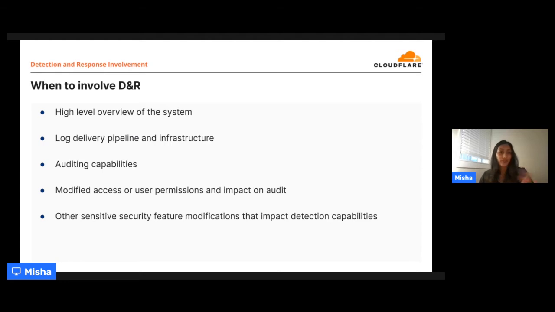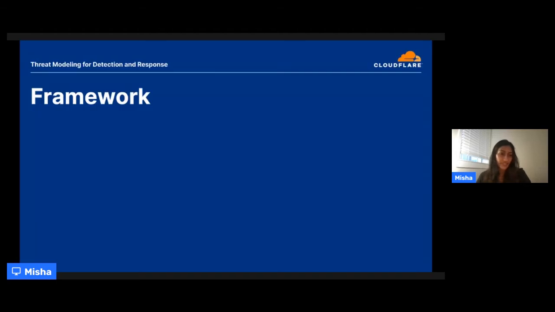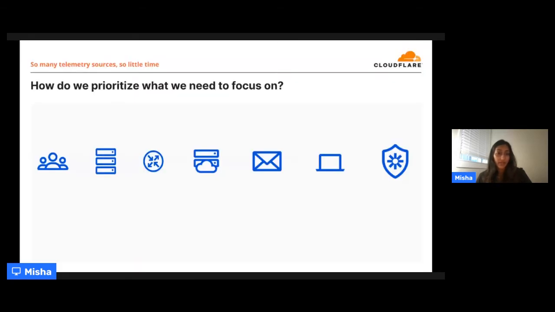So now I'm going to go into a framework and how DNR engineers can get the most out of the threat modeling session. So let's say now you're included in the sessions and you want to know how to make the most of it. How do we prioritize what we need to focus on?